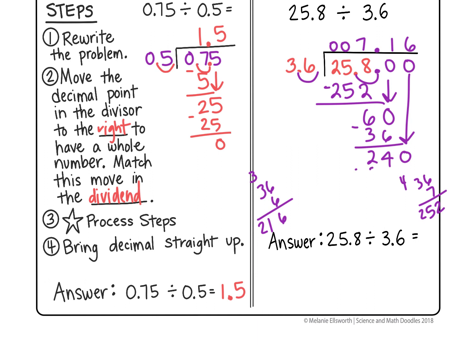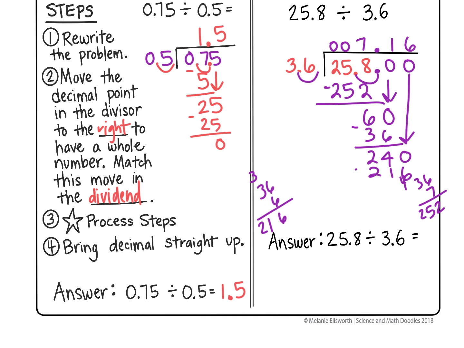If I subtract 216, I need to give myself some space. If I subtract 216, then I'm left with 24. Add another 0, and what's going to happen? That 6 is going to continue repeating.